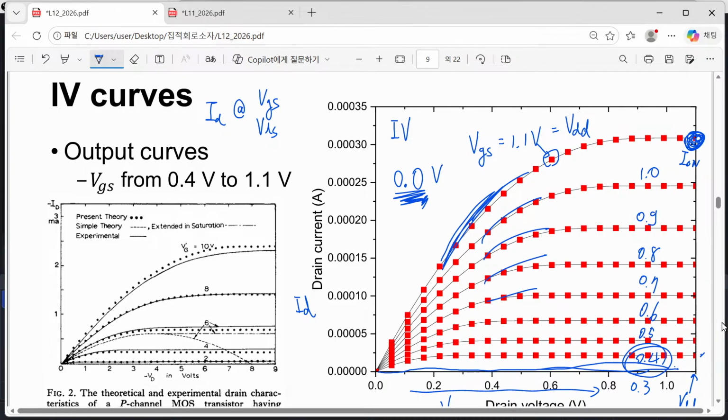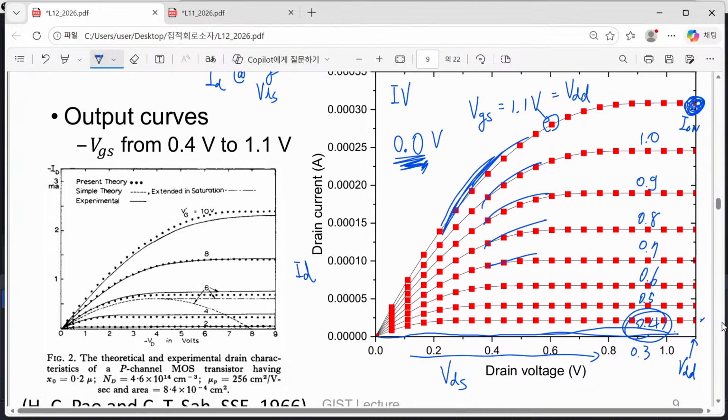How did you get this information? Please remember your lecture progress. You started from this two-dimensional cross-section, and by applying certain reasonably good approximations, the most important one being the gradual channel approximation, and after that by integrating your current density quite rigorously without introducing much additional approximation, you were able to get this information.